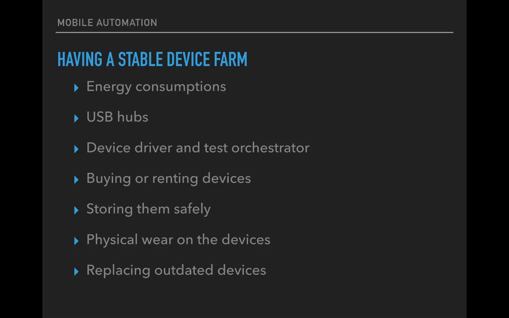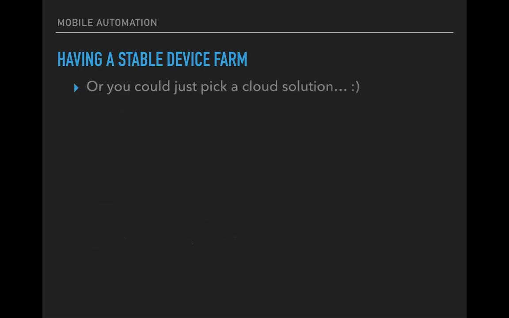It's, of course, an expensive device. There's going to be some wear on the devices because people might be picking them up. There might be scratches. So when you rent a device, you have to make sure that they're in proper state when you return them. When will you replace your outdated devices? How will you do it? What's your strategy? As you can see, a lot of headaches, or you could just pick a cloud solution, which is always my favorite.